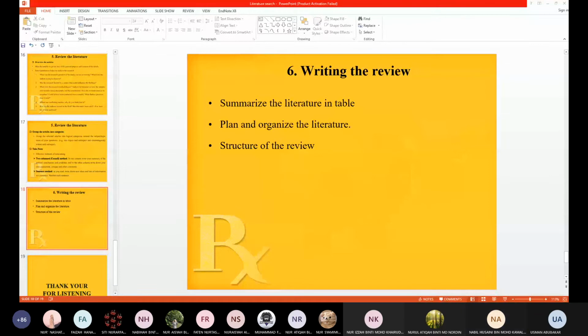The objective, you just describe what was the objective, and then you can put in bracket the study design. Is it a qualitative or a quantitative study? If it's quantitative, what kind of quantitative? Is it cross-sectional? Is it retrospective? Is it prospective? I hope that answers your question, brother.